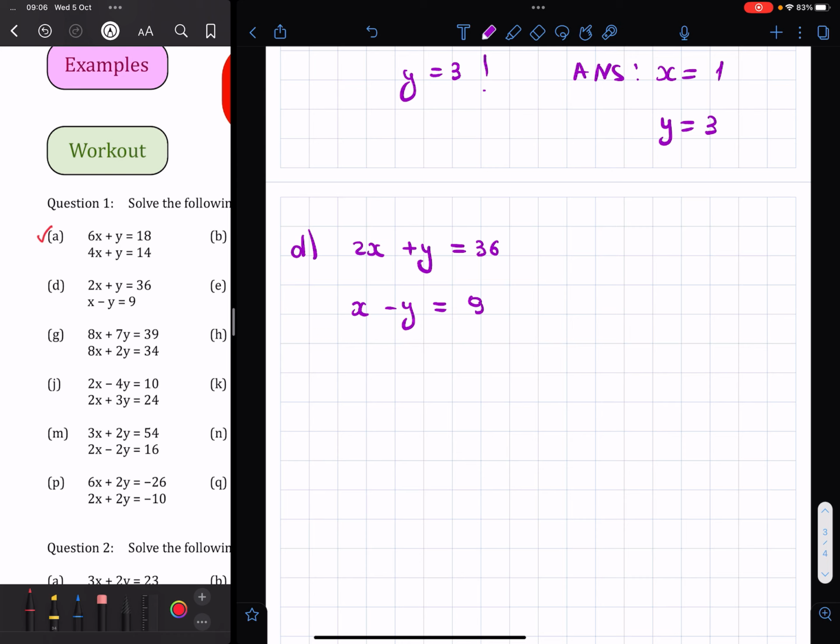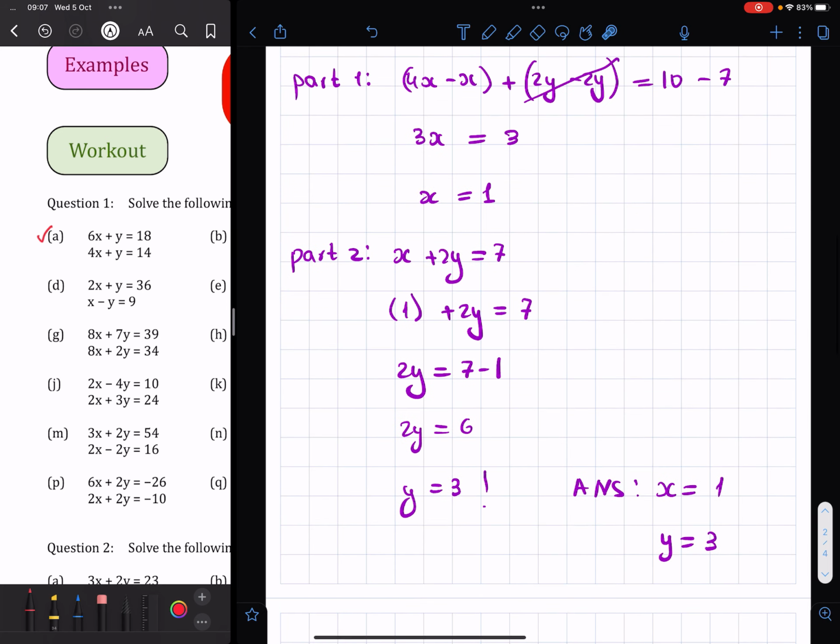So I need to first identify which variable I'm going to eliminate. Which one? Y. But will I eliminate it with addition or subtraction? I'm going to do it with addition, because if you look at the sign of y and the y over here, those are opposite.